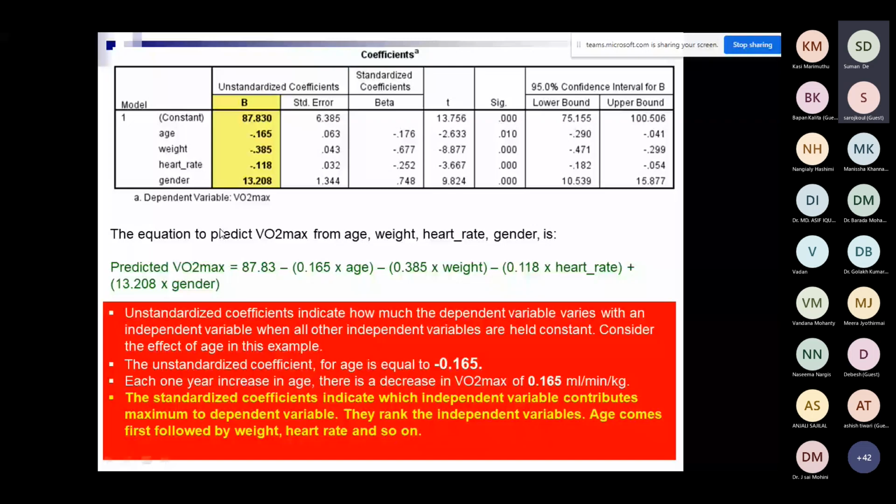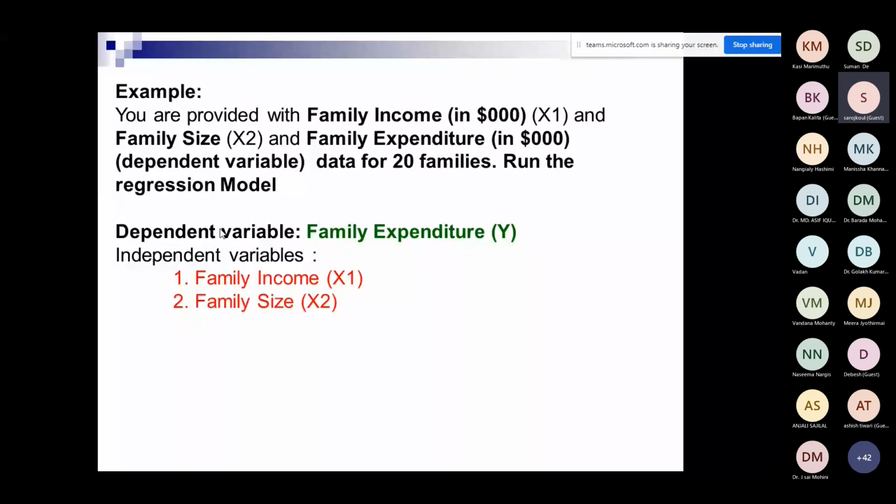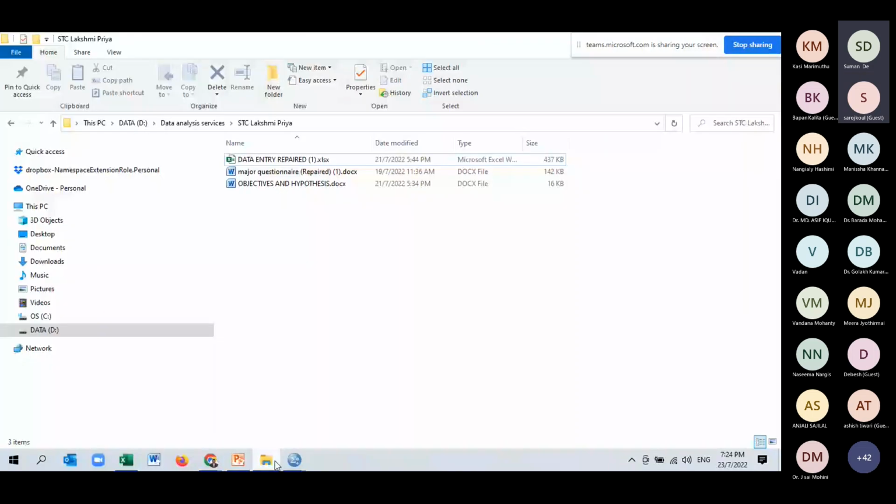Shall we go for it? I have two examples. We are going to run the multiple regression. Please open the file and go to the folder.